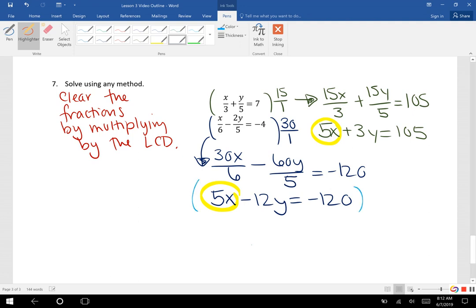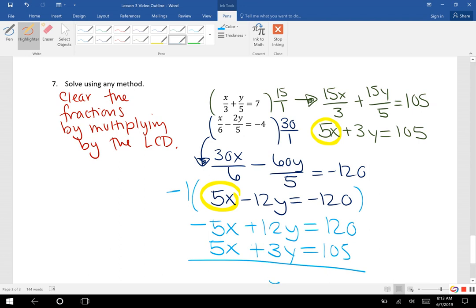So second equation times negative 1 is negative 5x plus 12y equals 120. And then if I add that to my first equation, 5x plus 3y is 105, the x's go away. I get 15y equals 225.